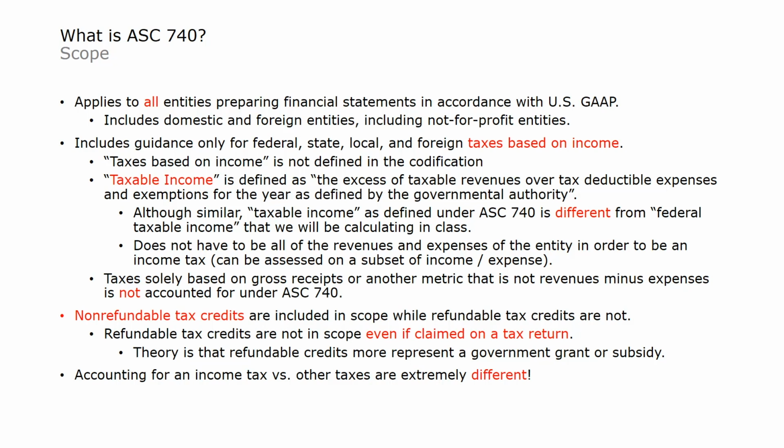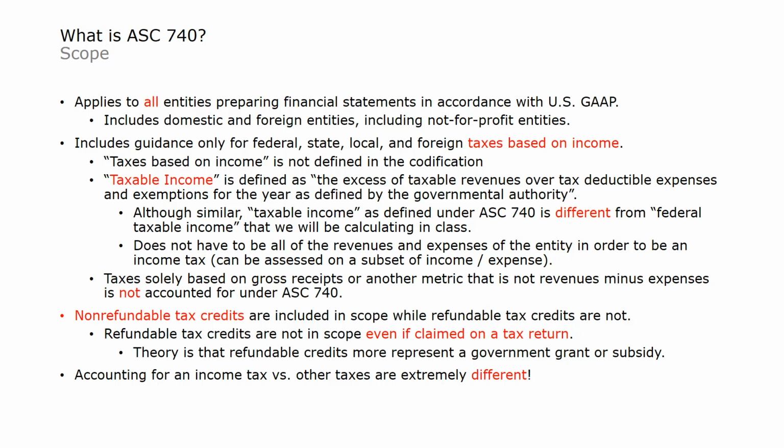Having said my spiel on getting the taxes correct based on scope, and whether you have a tax based on income, I will tell you a lot of people include taxes in ASC 740 that shouldn't be there, and they know they shouldn't be there. This essentially comes down to materiality.